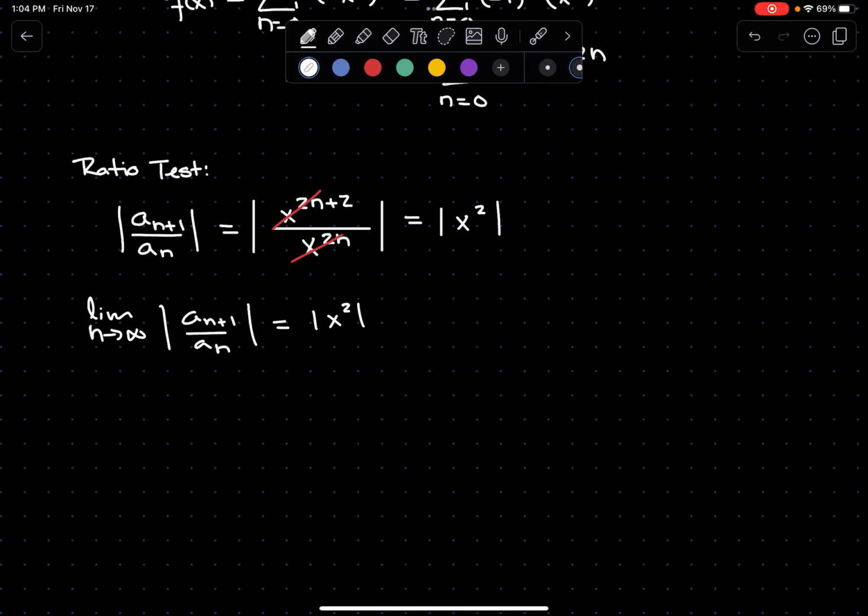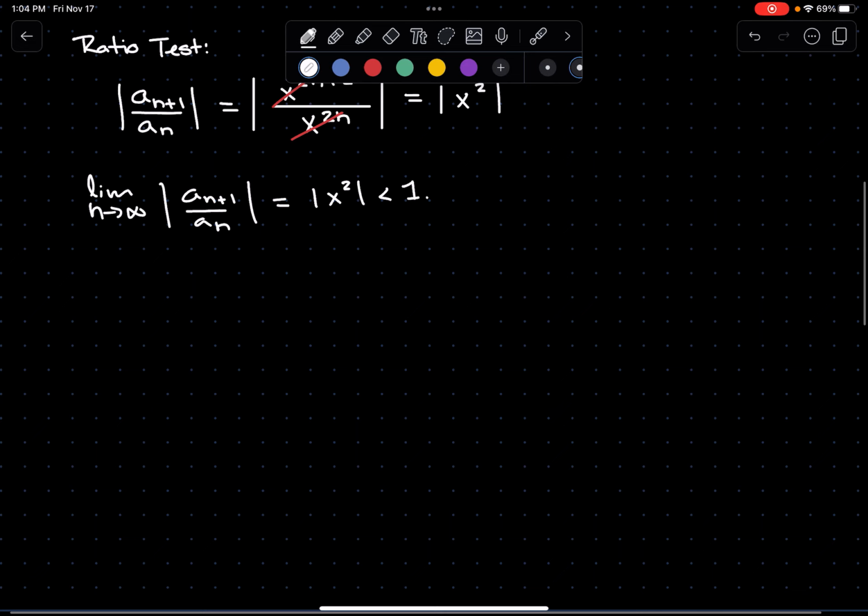And for that to converge, I need it to be less than 1. So our radius of convergence is 1, because whatever this ends up being less than is going to be 1. But we want to find the interval of convergence, so what we need to do is solve this inequality.